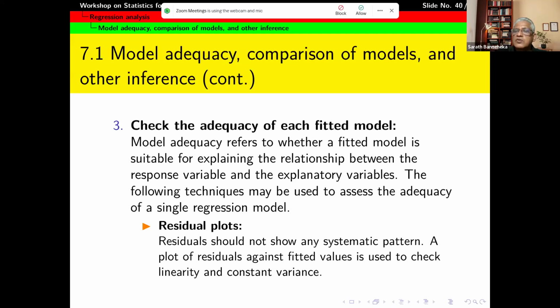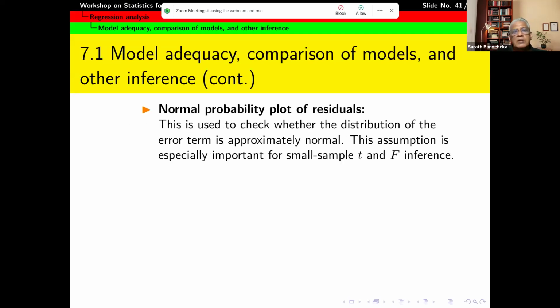And those tests of hypothesis, or finally the p-values that we look at, will be meaningful only if the model assumptions are satisfied, right?